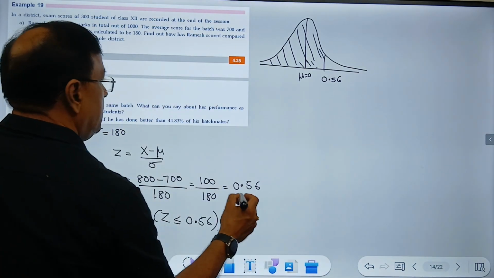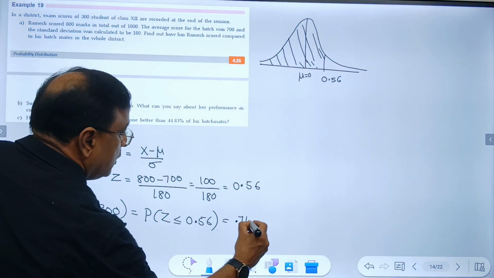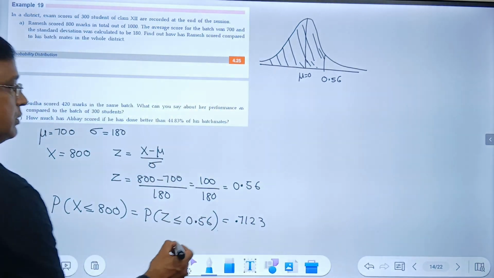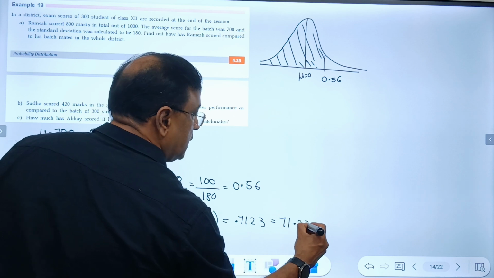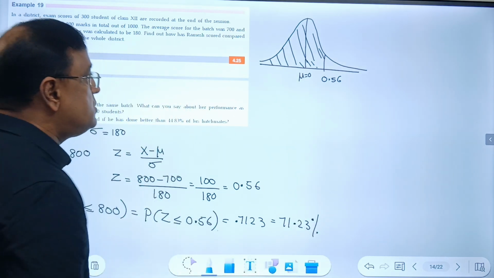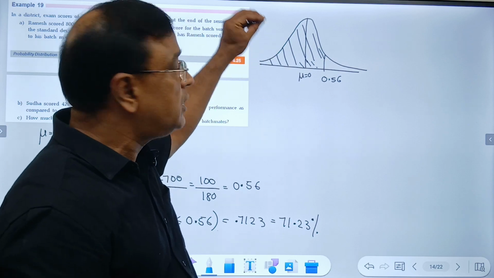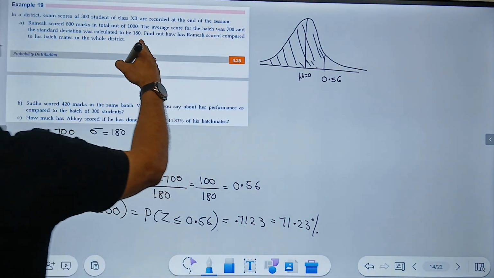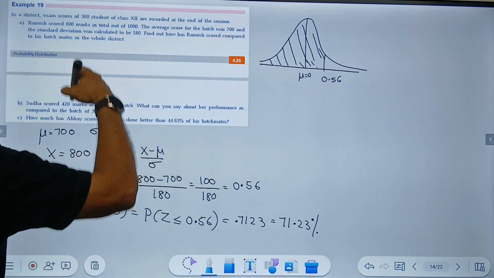So this will be 0.7123, correct? Now I want to convert it to percentage. This is 71.23%. So this area is 71.23%. Okay. So find out how much Ramesh scored compared to his batch mates in the whole class.